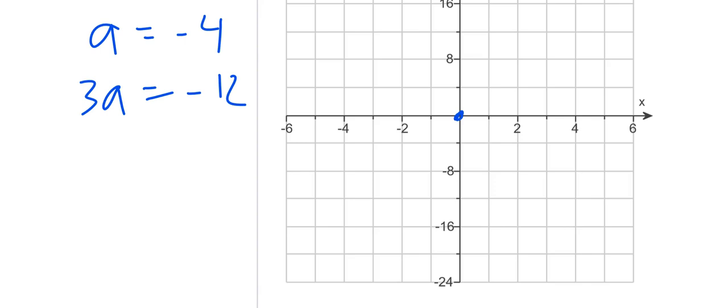What do you got? Okay, so graph. You go right here, 4. That's point 4. Okay. And then you go down.